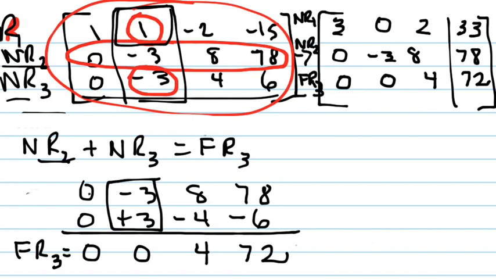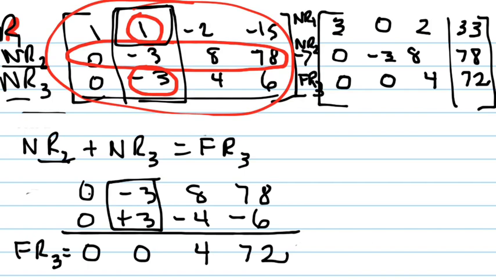Okay? Now the last thing is I want to get those last two final rows, final row 1 and final row 2. So I need to write another matrix. So take the matrix that you have, the 3, 0, 2, 33, 0, -3, 8, 78, 0, 0, 4, 72.